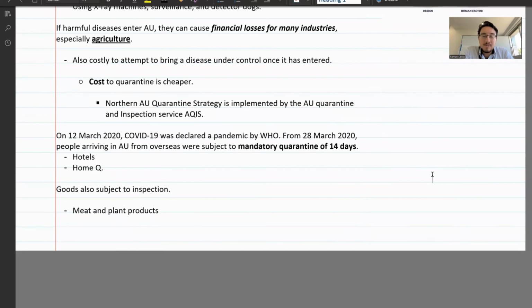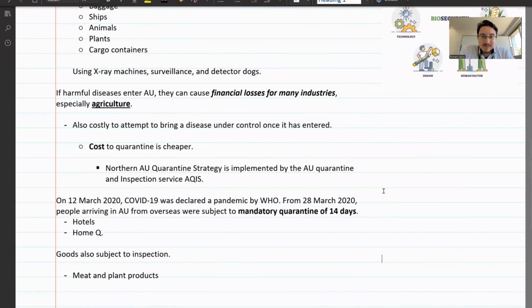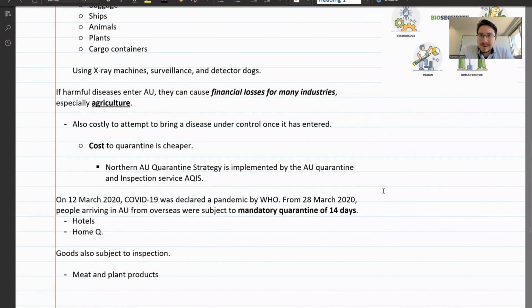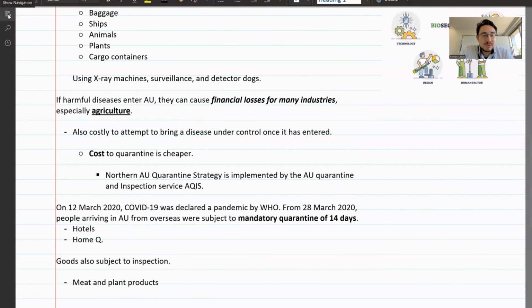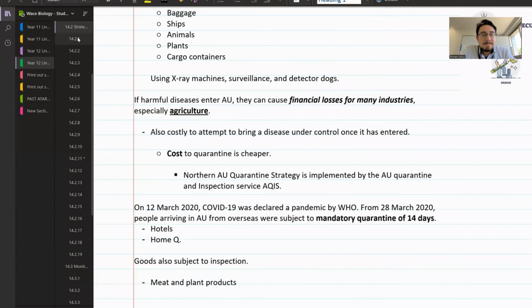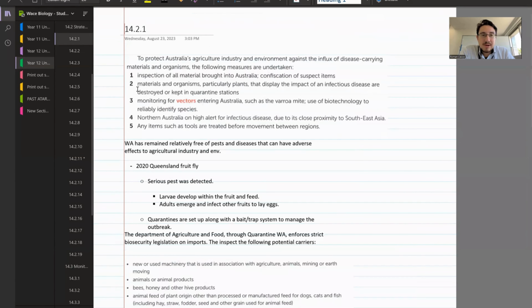You had to stay in the hotel or do home quarantine, depending on the time of COVID, right? It started to become much less, right? And people would come and take a look. Are you still sick? Are you having certain symptoms still, right? Before you can get okay to leave. In Japan also, we were having quarantine, of course. So quarantining, very, very important.